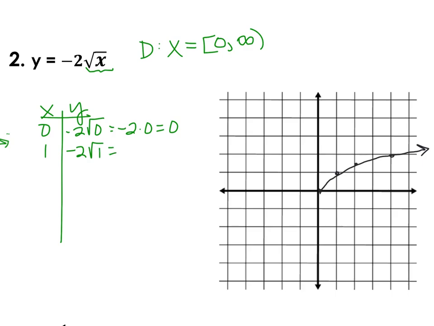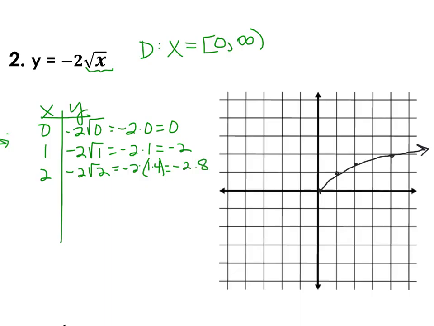Well, the square root of 1 is just 1, and -2 times 1 is -2. Definitely different from what we had with the parent function. Plug in 2, -2 times the square root of 2 this time. That's -2 times 1.4. Put that in parentheses maybe. And that would give us -2.8. So not only are our answers negative, but they're getting bigger.